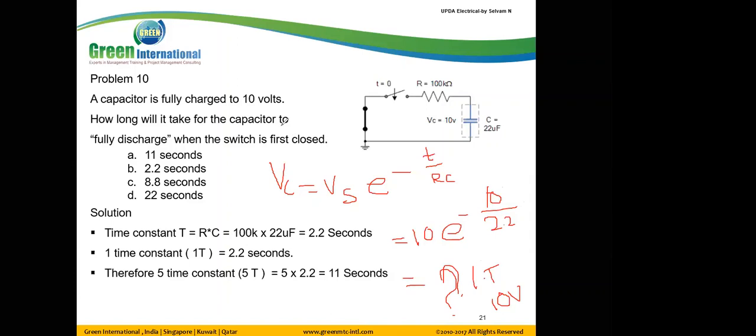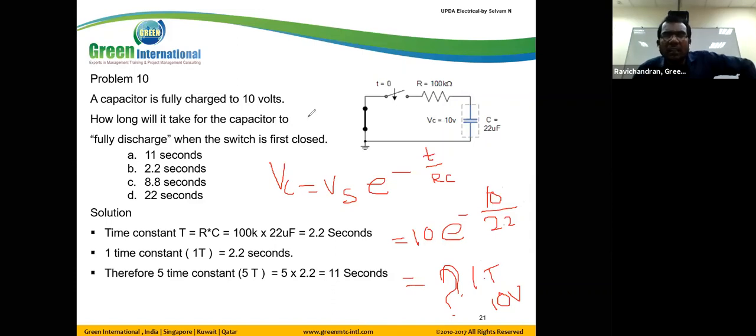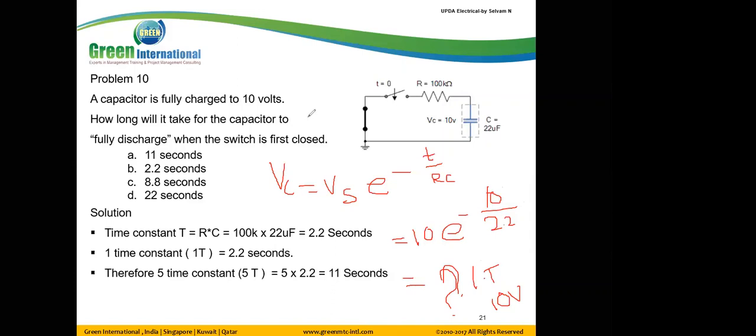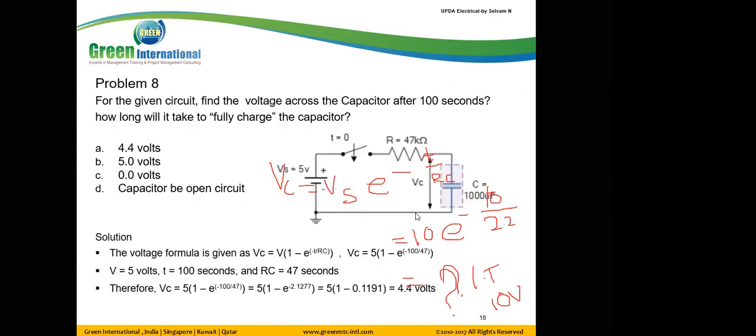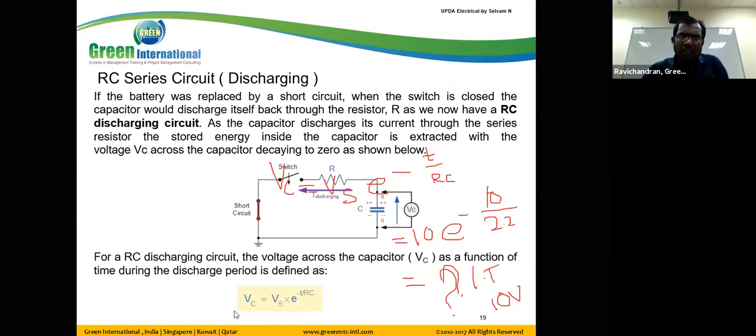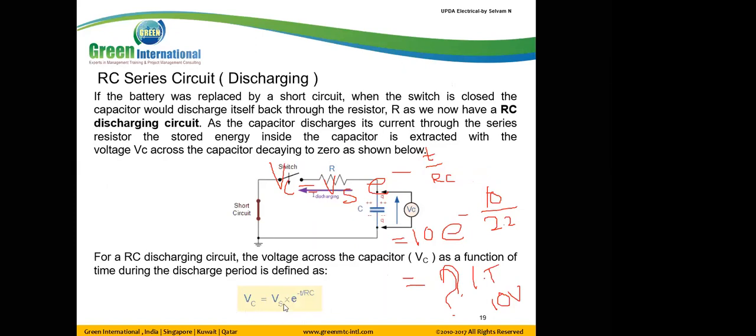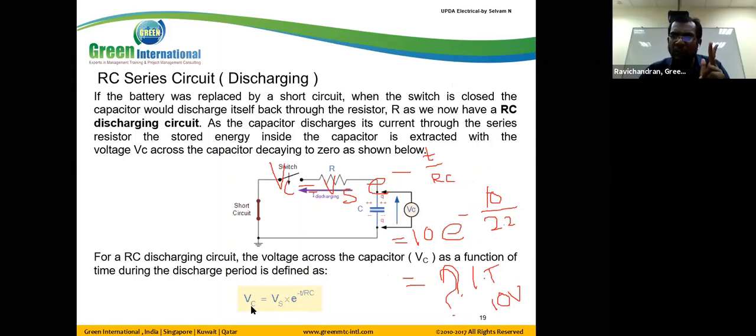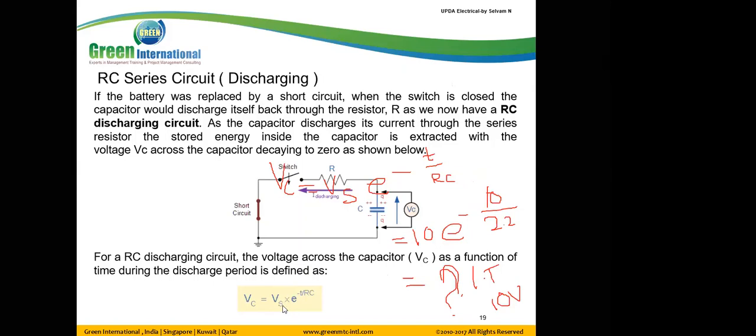Yes, sir. The formula for this Vc is Vs into 1 minus e to the power of minus t by RC, right? That is the charging formula. For discharging, Vc is Vs into e to the power of minus t by RC. Once again, Vc is the capacitor voltage and Vs is the source voltage.